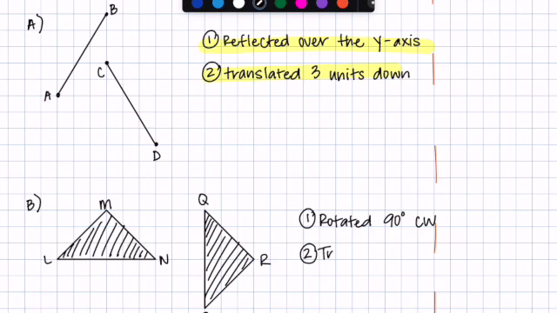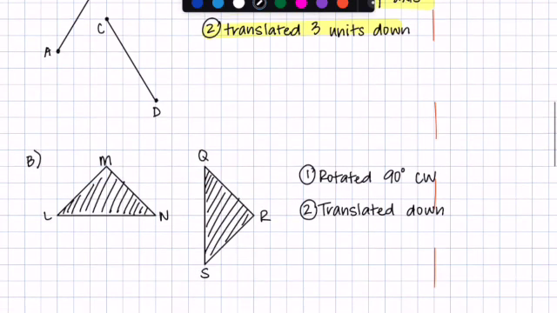And then step number 2, it's going to be translated down again. And those two would be your answers. So rotated 90 degrees clockwise, and then it's translated down.